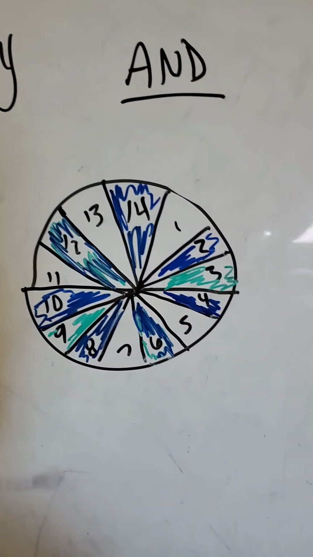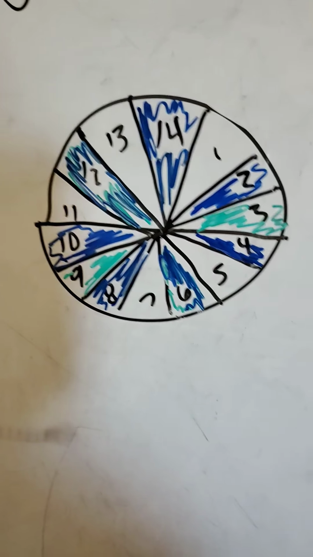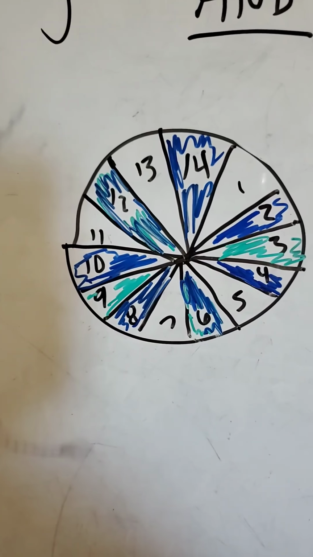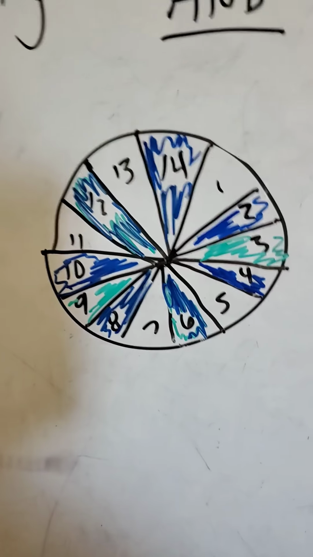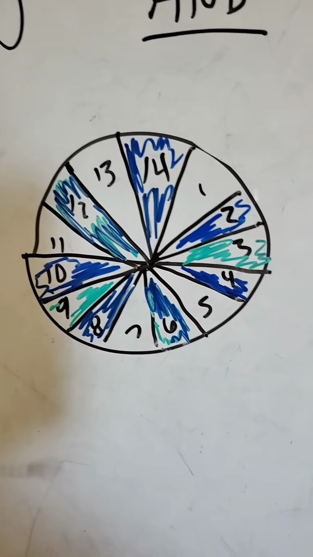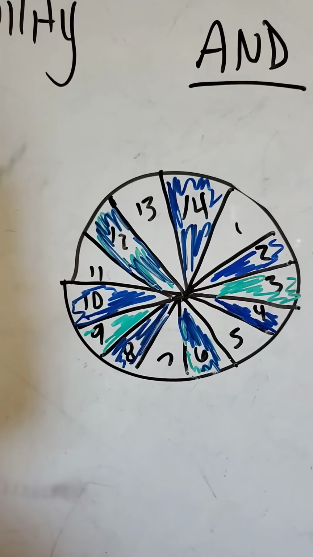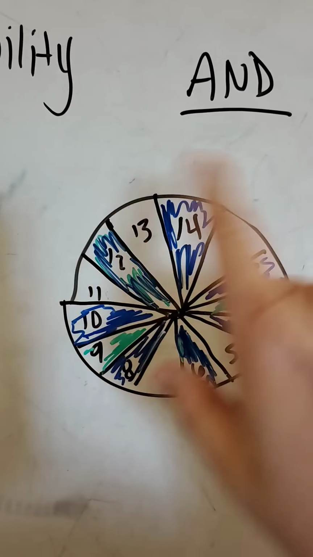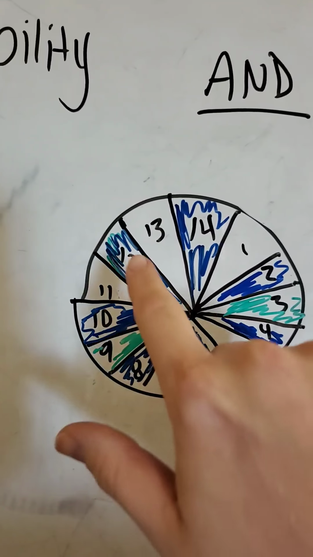So my green are all the multiples of 3, and the blue are all the multiples of 2, but the question's asking us, what's the probability that it'll be a multiple of 3 and a multiple of 2? So I need to be looking at the areas that are both green and blue, and that's 6 and 12. So if I spin a spinner, what are the chances it's going to land on this one or this one?